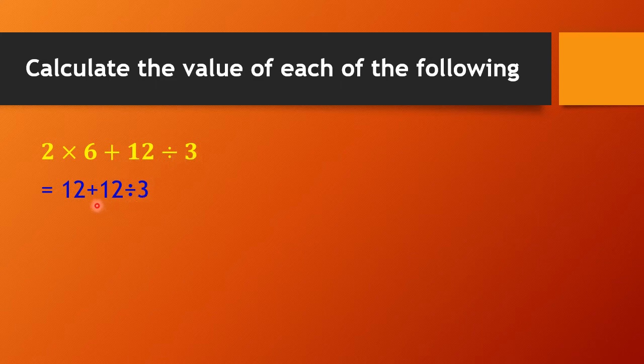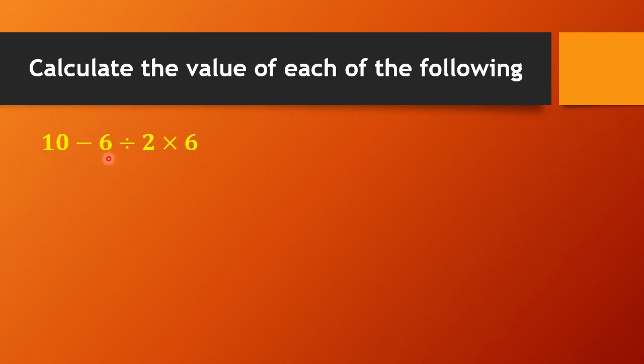After that, we have addition and division, so we will do the division. 12 divided by 3 equals 4. So it will equal 12 plus 4. 12 plus 4 equals 16.